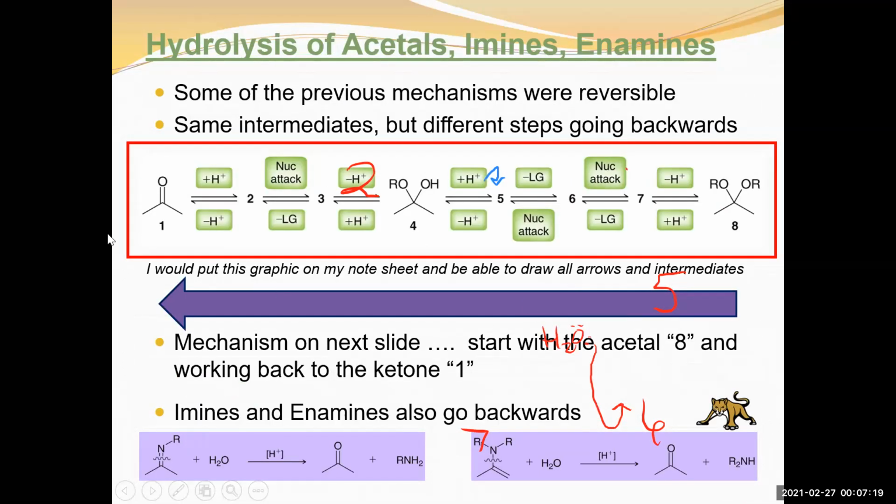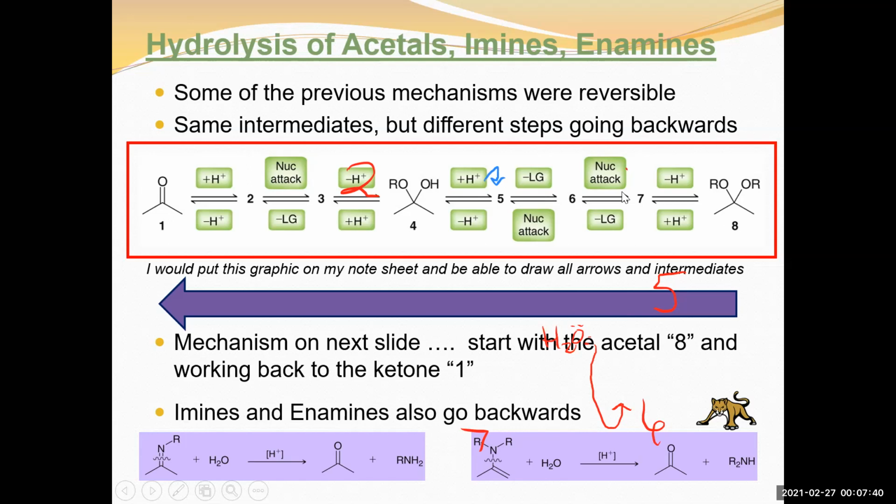So this big purple arrow is just put to emphasize to students that not only do you need to know the mechanism going from the ketone to the acetal, you need to know how it works going from the acetal back to the ketone. And so hopefully my going back and forth between those slides helped you to figure that out.